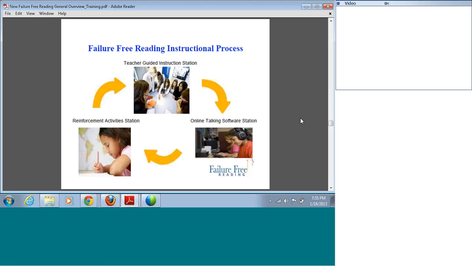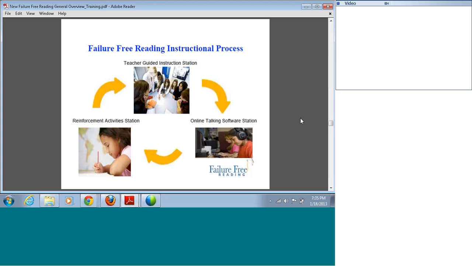If you ask me what the ideal scenario is, the ideal scenario is going through each of these stations one time, 20 minutes a day, 5 days a week. Now, I already understand that that is not a reality for a lot of teachers' classrooms. So we work with teachers all the time to customize instruction in a way that's suitable for their classroom.